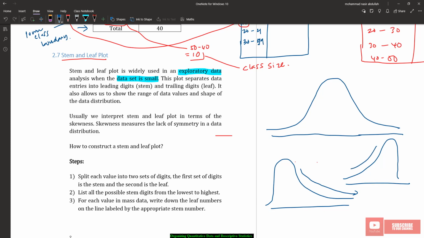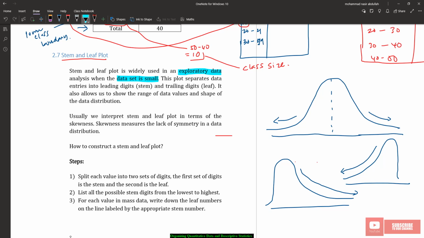If the tail is longer to the left, this is what we call a left-skewed distribution. If the tails have equal length on the right and left, this is what we call a normal or symmetrical distribution. Please remember these terms.